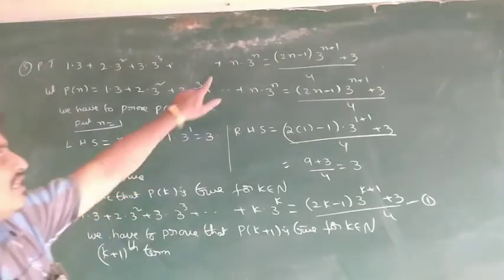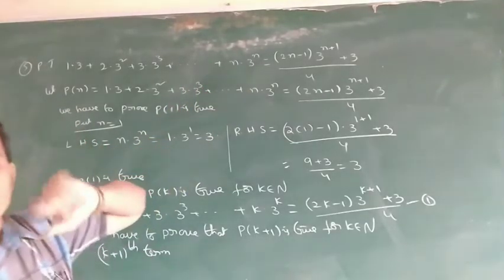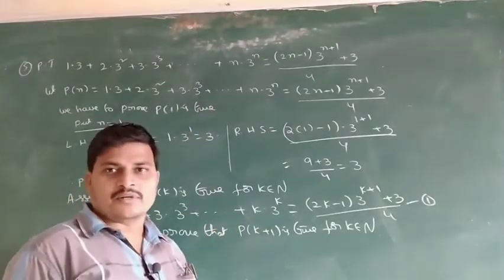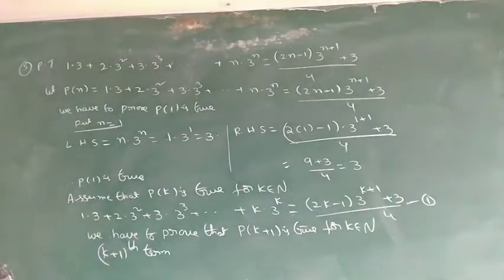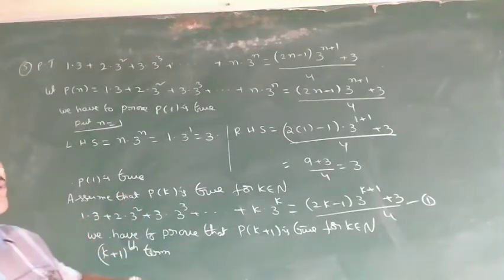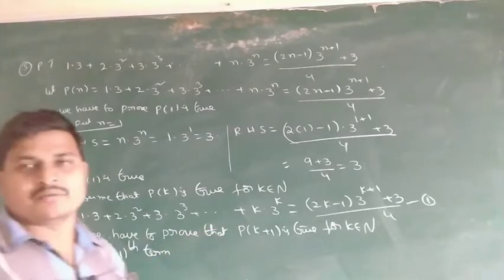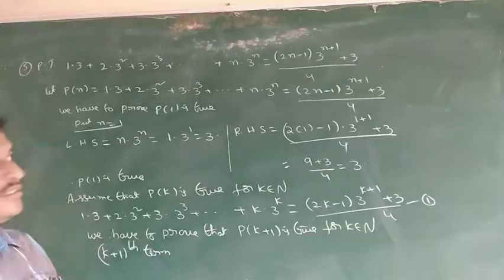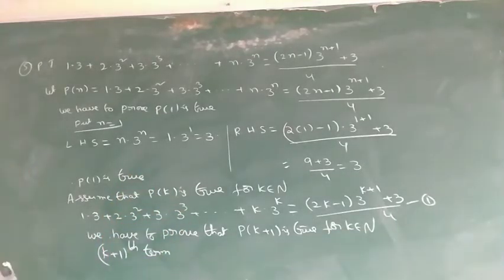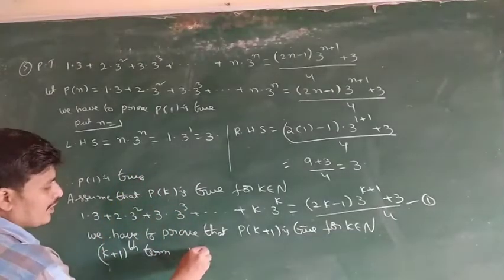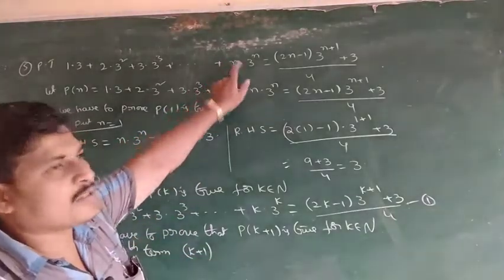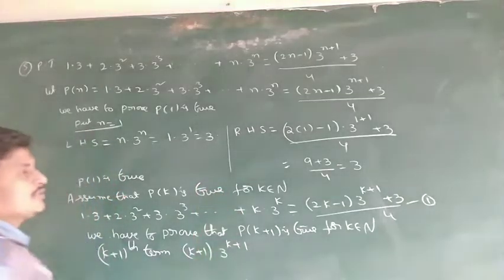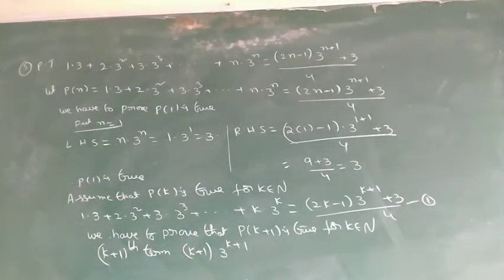N is equal to 1 means the first term, n is equal to 2 means the second term, third means the third term, k means the kth term. N is equal to k plus 1 means we will get the k plus 1th term: k plus 1 into 3 power k plus 1.